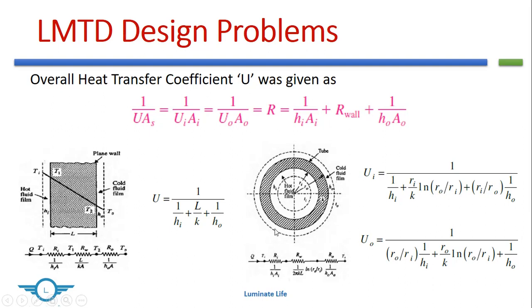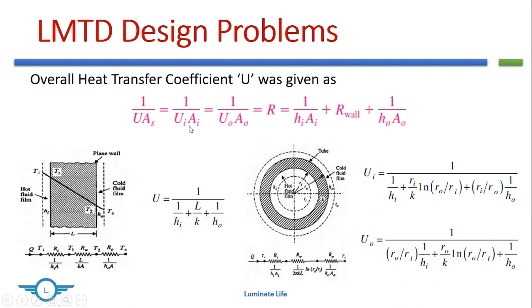Now another case is when the hot fluid and the cold fluid are separated by a hollow cylinder. In such a case, the resistance of the wall will change to the resistance equation of a hollow cylinder, 1 by 2 pi KL ln R0 by Ri. Now in this case, since Ai is not equal to A0, we will have two overall heat transfer coefficients, Ui and U0.